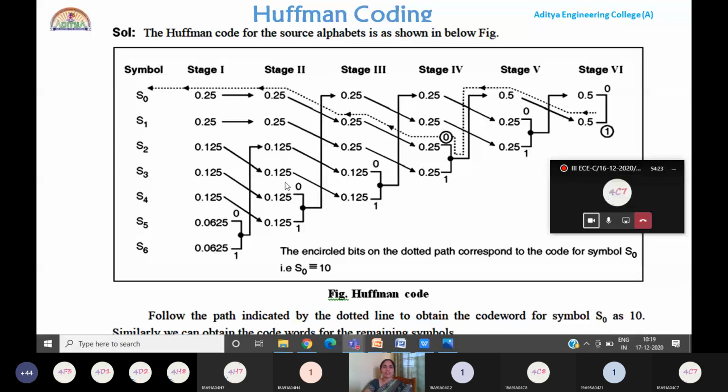Okay, so this is stage 2. Next in stage 2, once again you will combine the last two terms, assign 0 and 1, and once again relocate the probabilities in decreasing order.